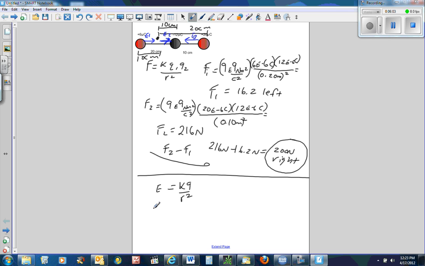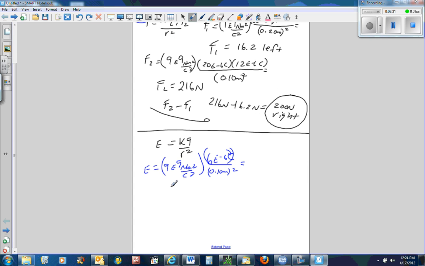So E equals 9e to the 9th newtons meters squared per coulomb squared times 6e to the negative 6 coulombs divided by how far apart they are, 0.10 meters squared for that one. Remember, we're using the new numbers we found for how far apart they are. I'm going to get a number.